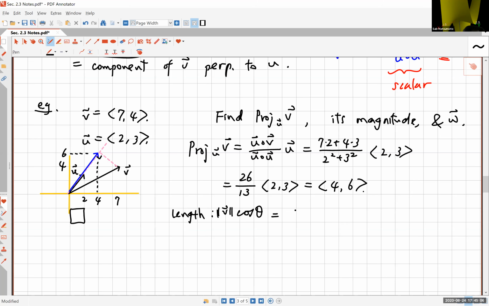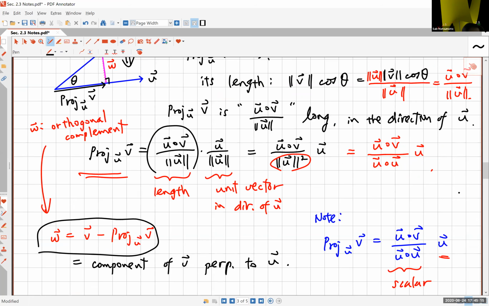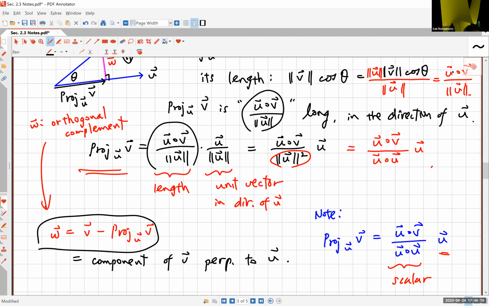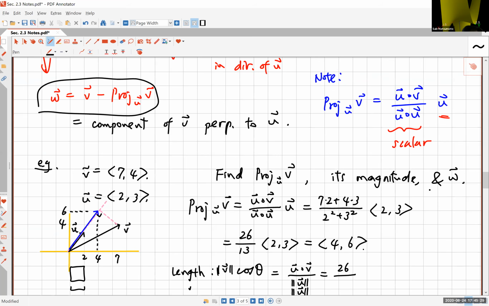So you can go ahead and use what we did before. Think about this. The length is always that thing, which we found. It's the dot product divided by the norm of U. And I said the dot product is 26. And the length of U is the square root of 13.